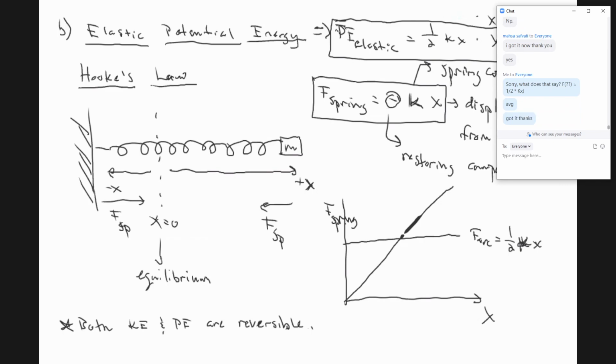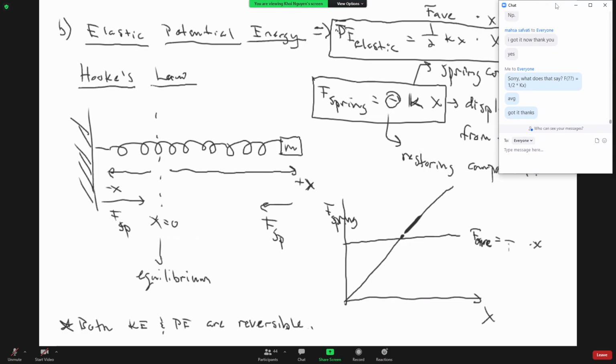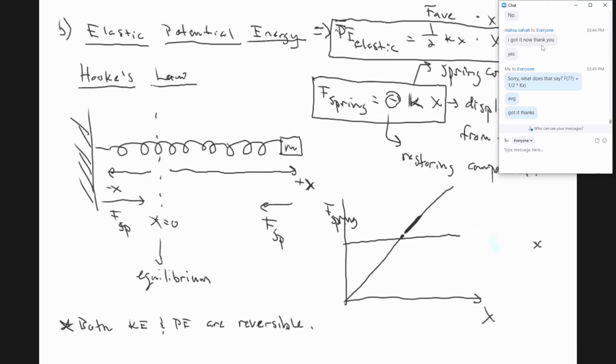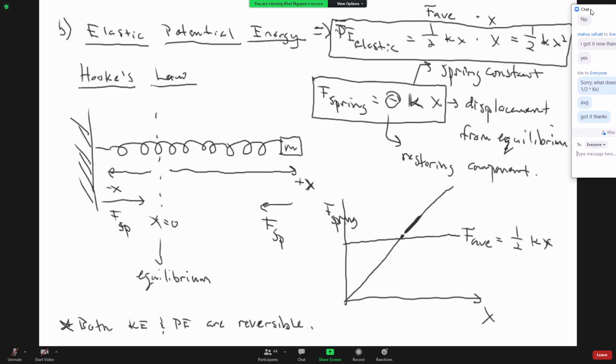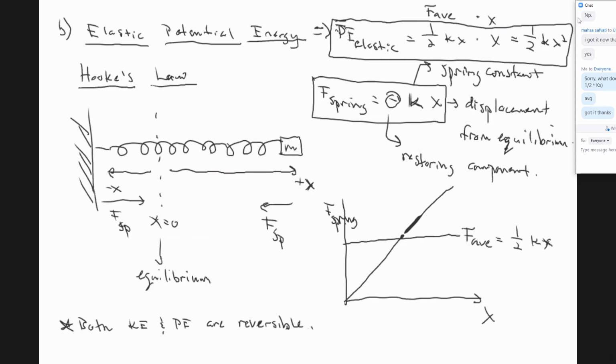Sorry. That's what this is. I'm just carrying it up here. So F average times displacement gives me my elastic potential energy. Let's write it neatly. Okay. So both KE and PE are reversible energies. That means we can do work on the system and we can get our energy back.